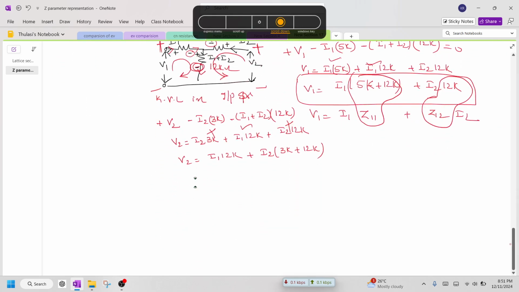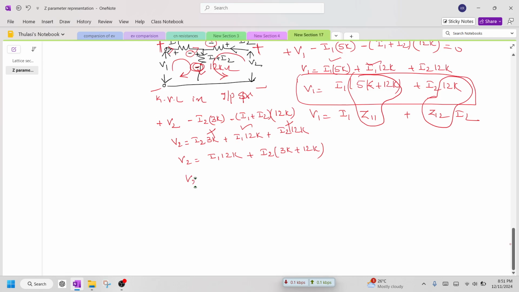When you compare it with the standard format, V2 is equal to Z21 I1 plus Z22 I2.